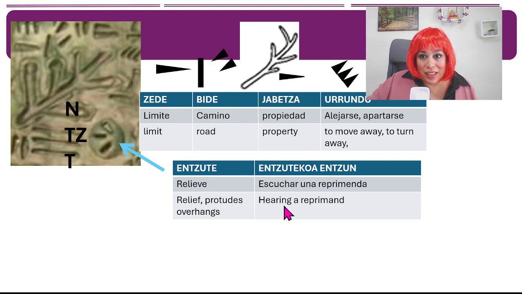It means to turn a deaf ear. It means not willing to listen. So what is this symbol? Only this symbol is saying: don't turn a deaf ear and hear this reprimand. Only this symbol is saying that.